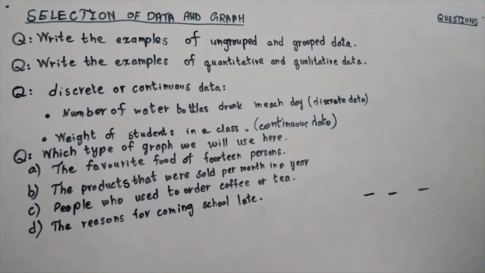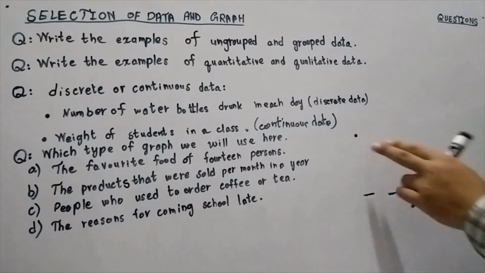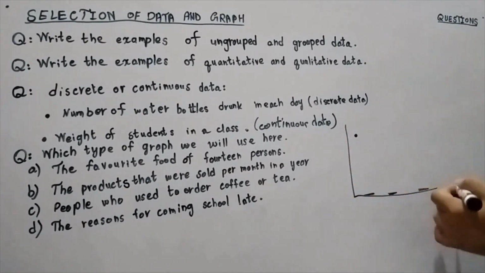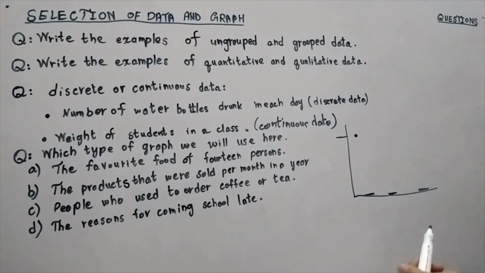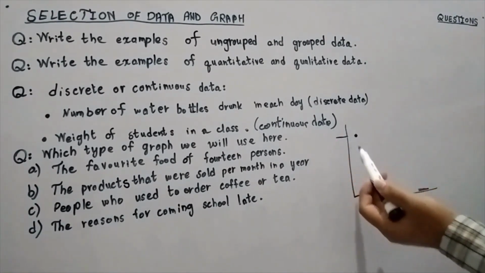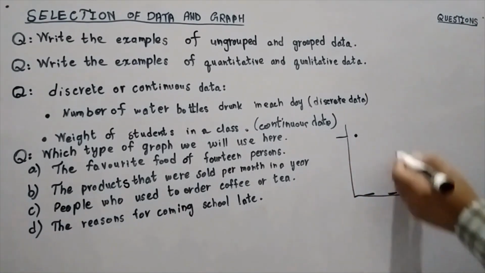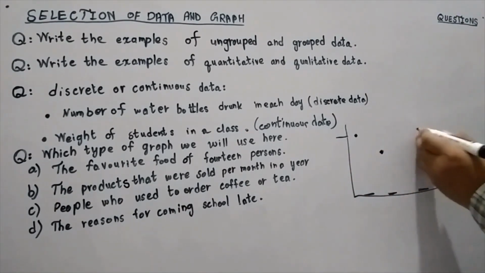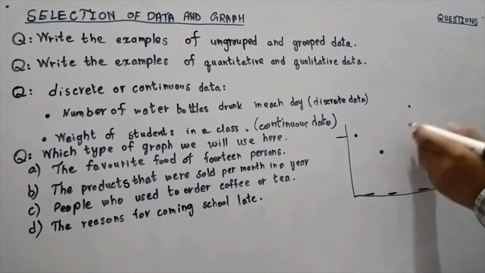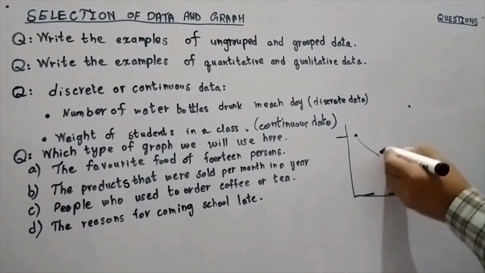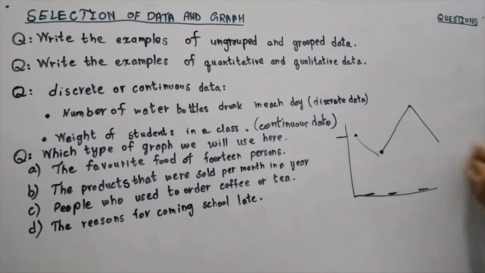We will use a line graph to see the change, because in the first month we have this selling, in our second month we have this selling, and in our third month our selling is the most, you can see.